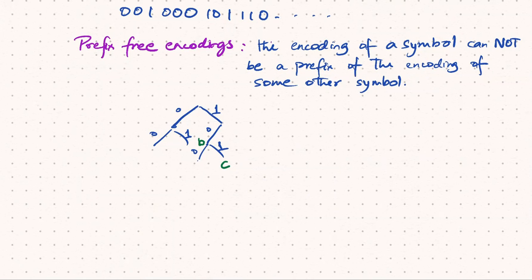Well, clearly what we'll need to impose is that these symbols cannot occur as internal nodes. So what we will require is that all the symbols should be at the leaves.